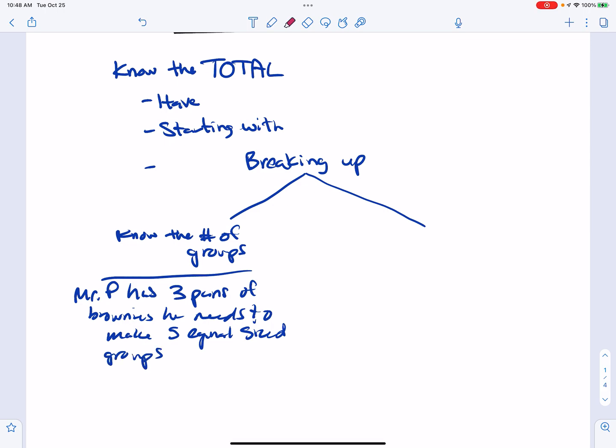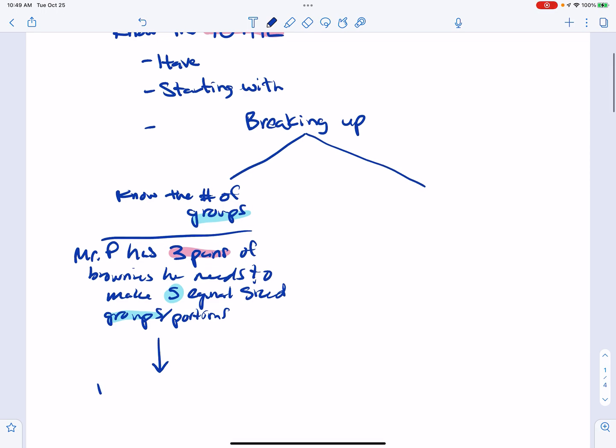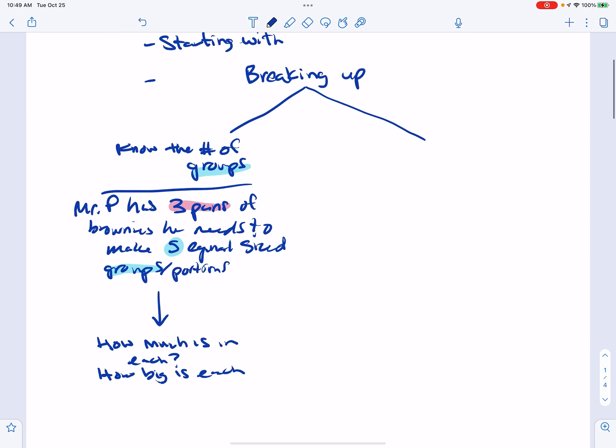So the total that we have is the 3 pans of brownies, and then the groups are the 5 groups or portions. And so this problem, when you know the number of groups, you're going to be asking about how much is in each, or how big is each portion.